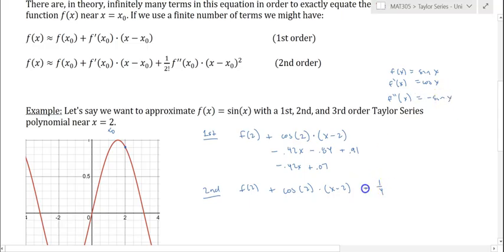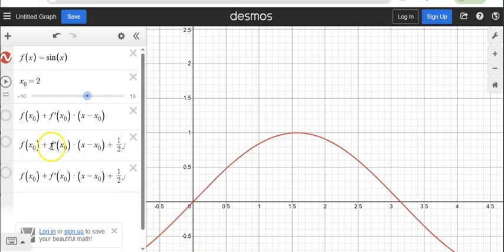So that's going to give us a negative coefficient, negative 1/4, and this is going to be sine of x naught, which is sine of 2, multiplied by x minus 2 quantity squared. So there's our approximation now, and if you were to FOIL it out, you would get an x squared. So this would end up giving us a quadratic function.